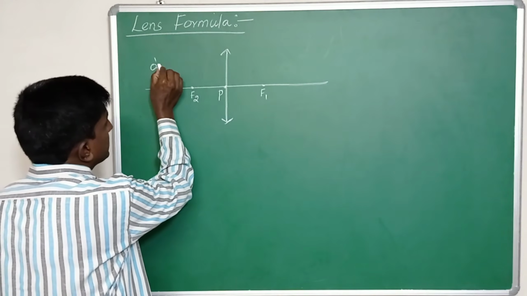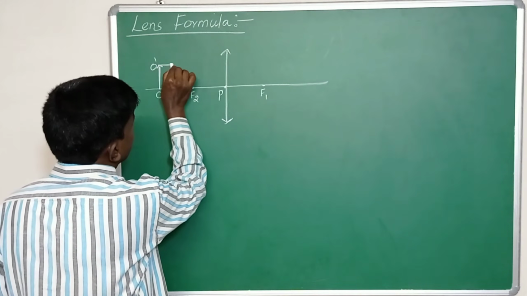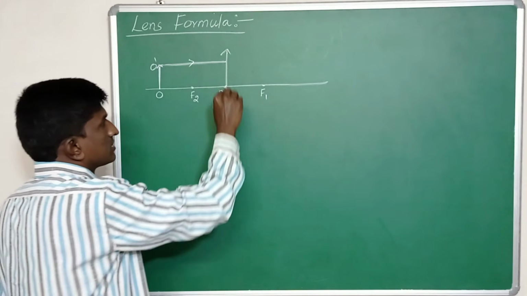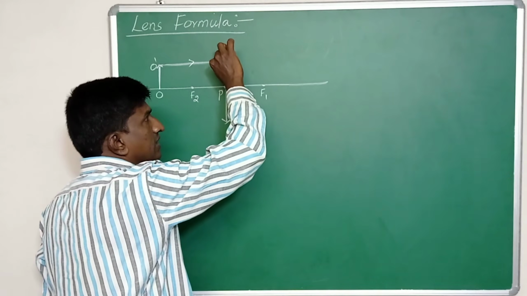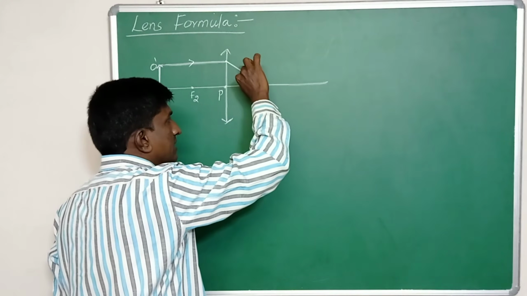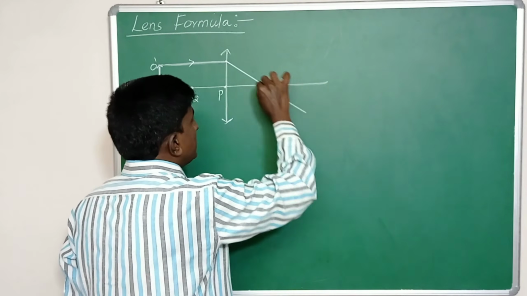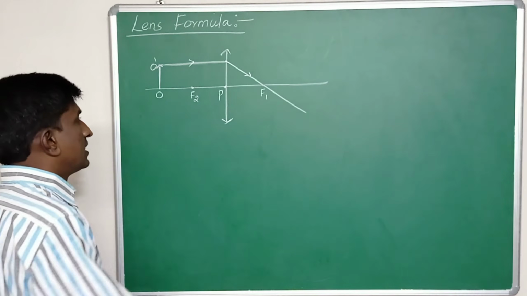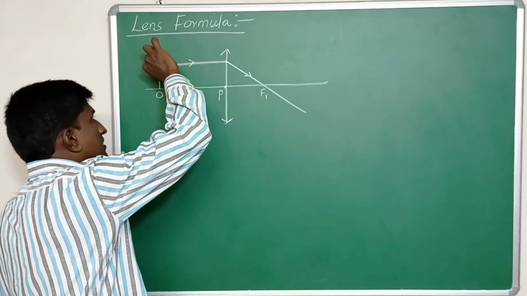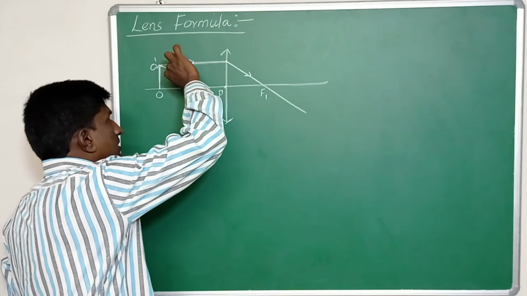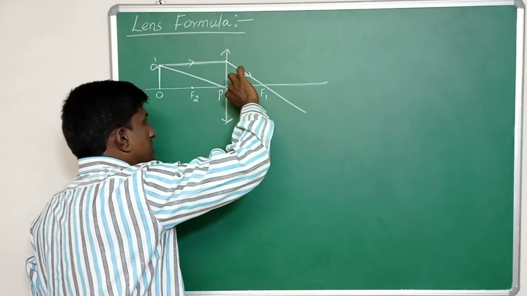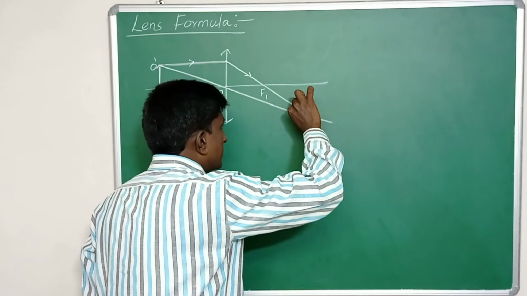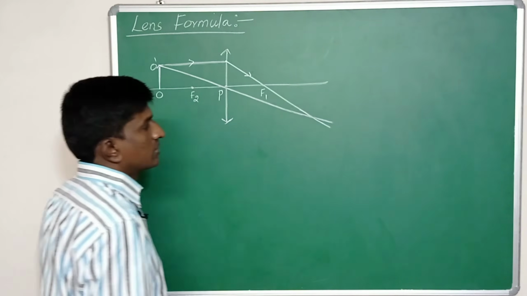A parallel light ray passes from the tip of the object, and after incidence on the lens this light ray intersects the focal point. One more light ray passes through the optical center. There is no deviation; without deviation that light ray passes forward.